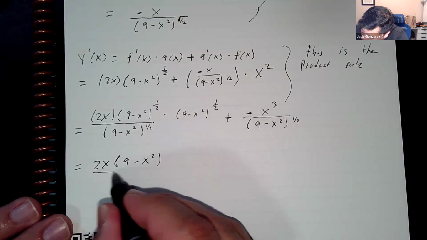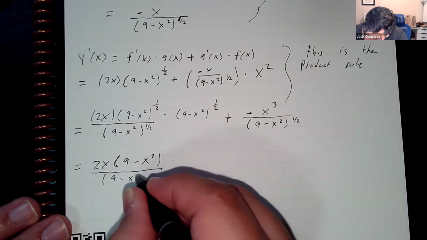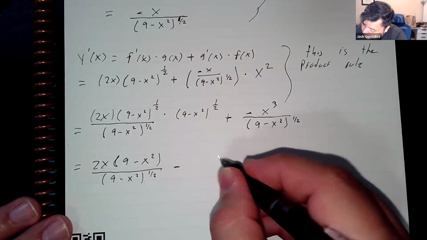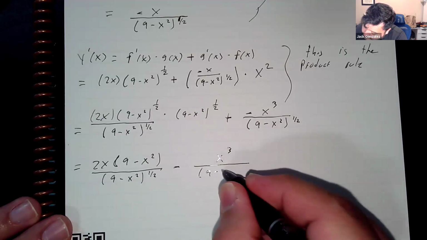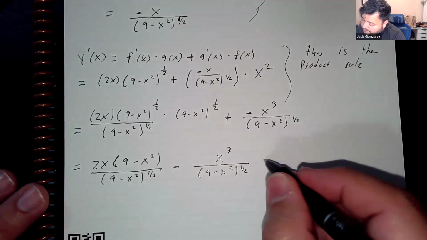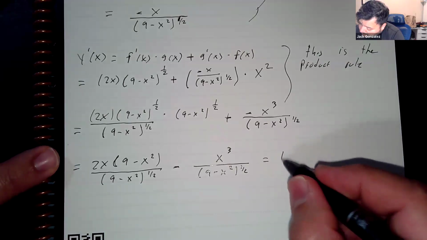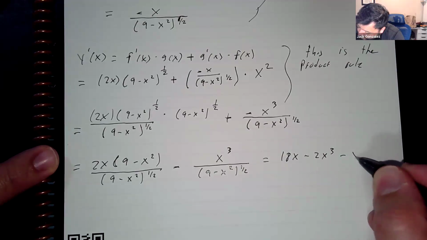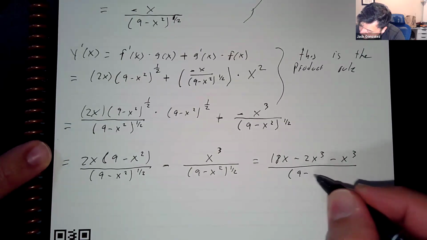Sorry. All this wind is giving me allergy problems. Minus x cubed over 9 minus x squared to the 1/2, which gives us, distribute the 2x, that'll be 18x minus 2x cubed minus x cubed over this.